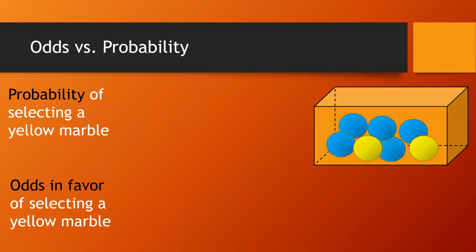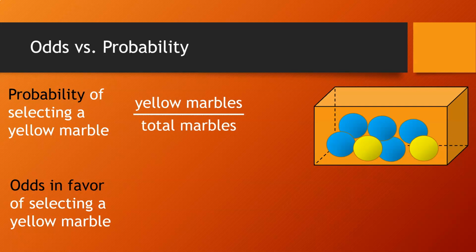Now, to find the probability of selecting a yellow marble, we'll look at a ratio of the number of yellow marbles to the total number of marbles, which in this case is 2/7, 2 yellow marbles out of 7 total marbles. For odds, we also look at a ratio, but we're going to be comparing two different things.